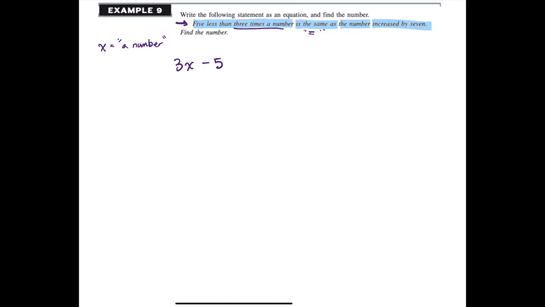That's what we're looking for. So 5 less than 3 times a number is the same as, so is equal to, the number increased by 7. We would add 7 to that number.